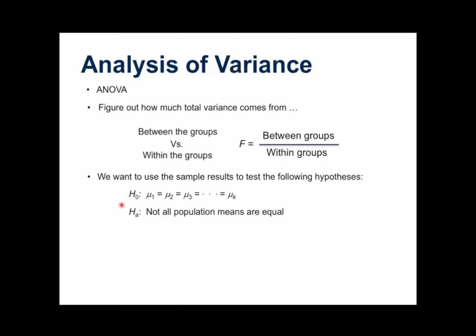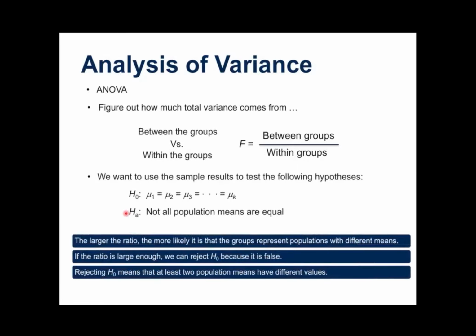On the other hand, the alternative hypothesis is that not all the population means are equal. That means that there could be a significant difference between, in this example, Paris versus London, or London versus Munich. Any of those things could be detected as a significant difference, and that would tell me that not all the population means are equal. It would look much more like the previous slide that showed 3 different possible populations.